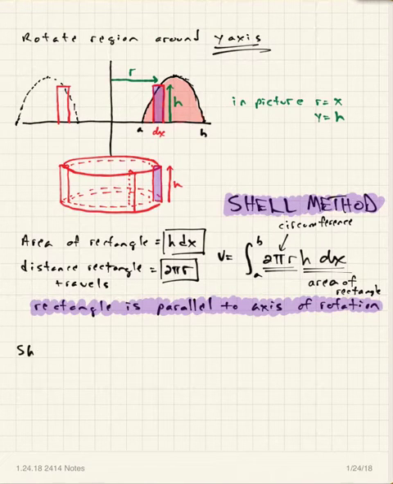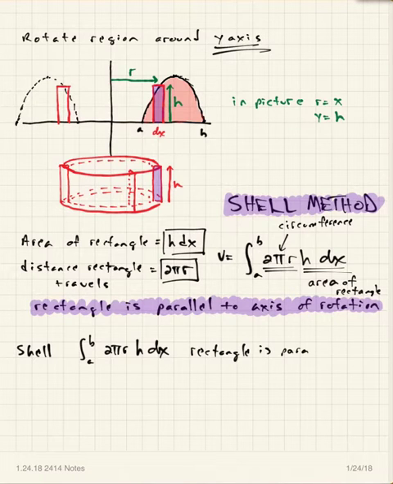So shell method, you've got this integral, the integral from a to b of 2 pi r h dx, and the rectangle is parallel to the axis of rotation.